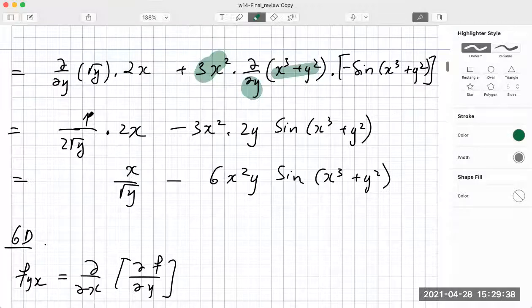There's a formula. Look at that. Here, the negative sign, we bring it up here. 3x squared. Then d over dy of x cubed gives us 0. And here d over dy of y squared gives us 2y times sine of this. Okay, simplify it. We have this final result right here.